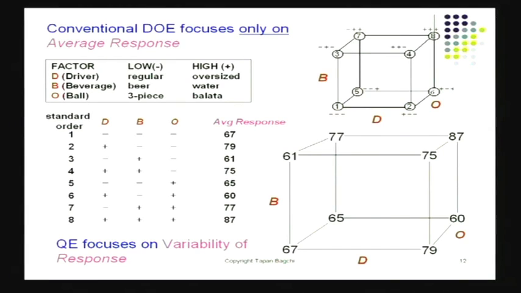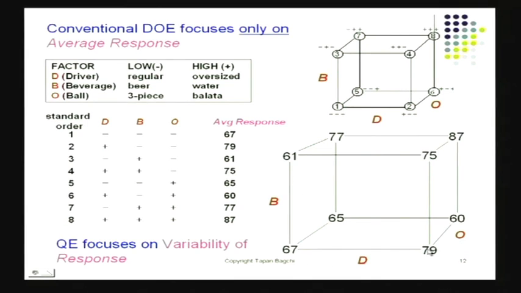Let's go back a little bit into the framework of design of experiments. You recognize the matrix which is to the right. This matrix actually came from that golf game example that we gave. There were some teams that were playing golf and they wanted to find the effect of balls, the effect of drivers, and the effect, for example, of beverage.